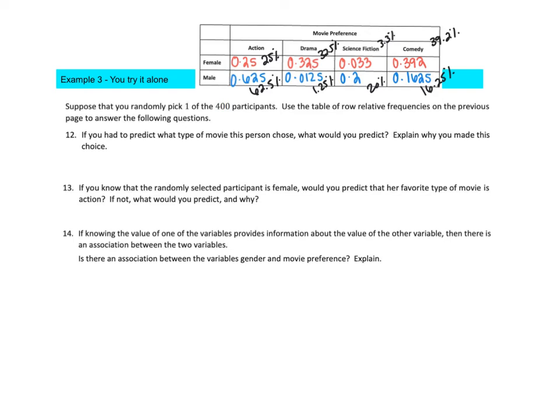All right, well, if I'm doing a random person, doesn't matter the gender, I'm just looking at what's the biggest group here. Who liked, where was the most people choosing their preference? And it's right here, the 62.5%. 62.5% of all the men liked action movies, and 25% of the women did too.